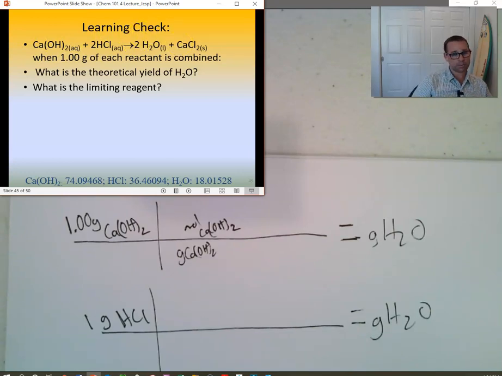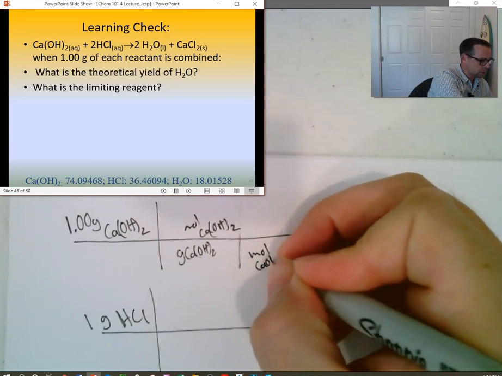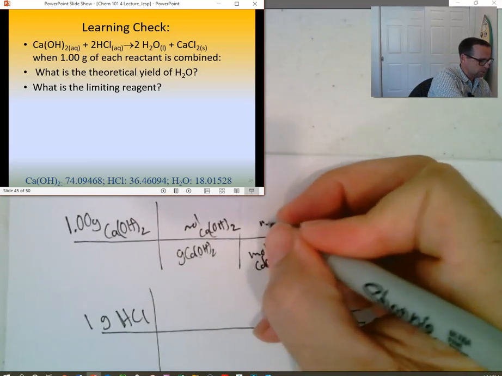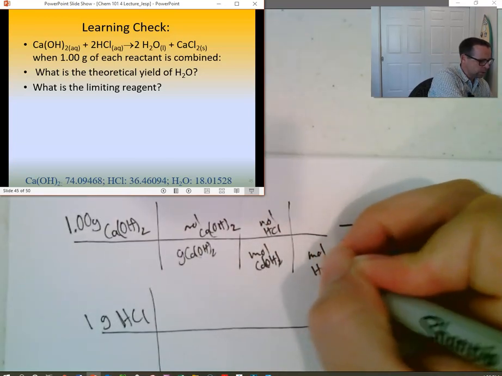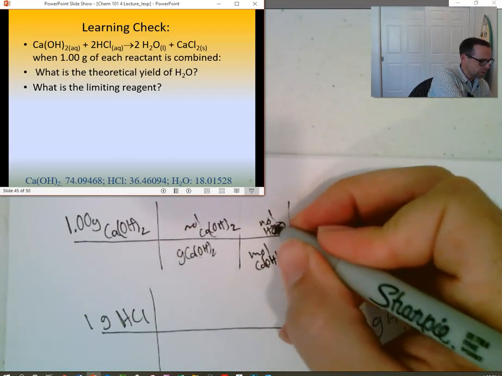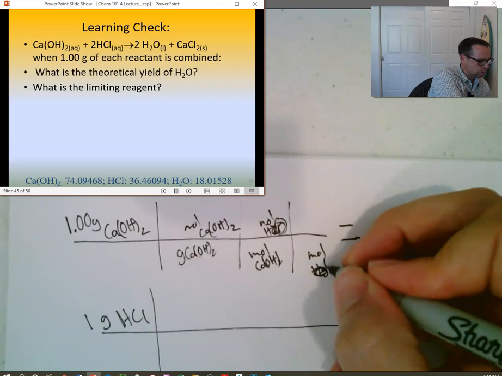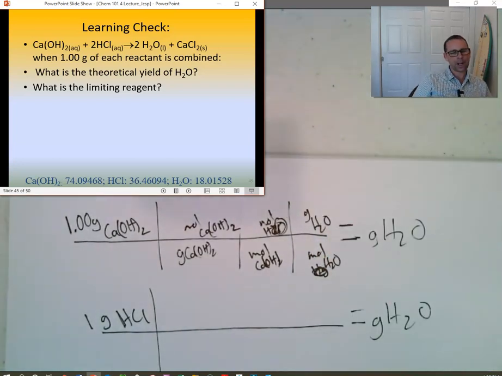They're not in grams. So now I can go from moles of calcium hydroxide to moles of, no, sorry, not HCl, H2O. That's where I want to go, H2O. And then moles of H2O to grams of H2O. Okay?